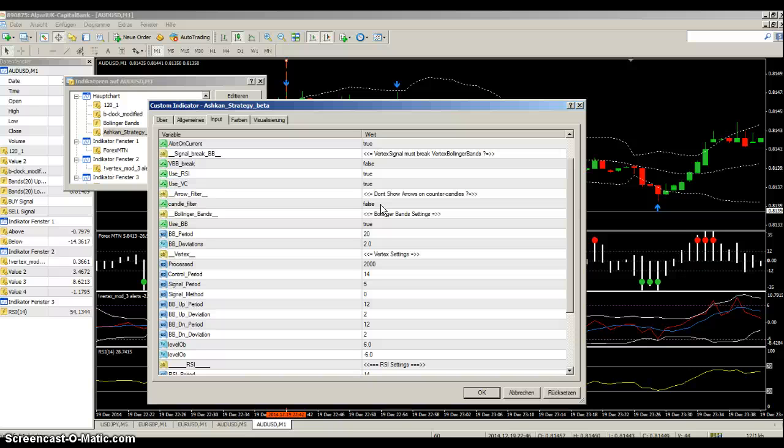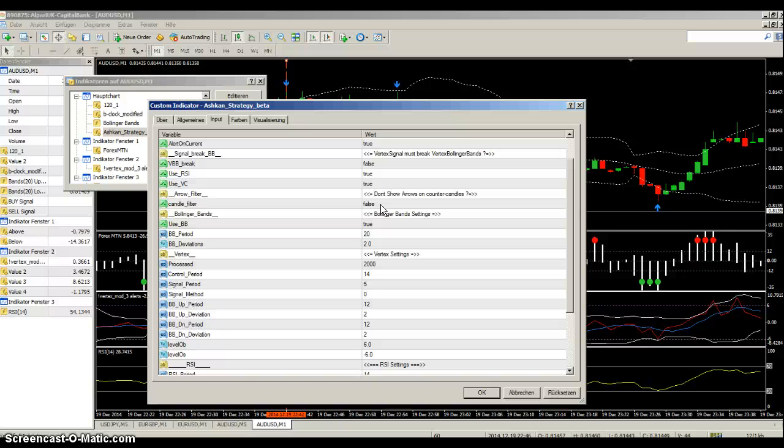So we can activate this filter and say that if I have a call signal on a green candle, ignore it. If I have a put signal on an already red candle, ignore this signal too.